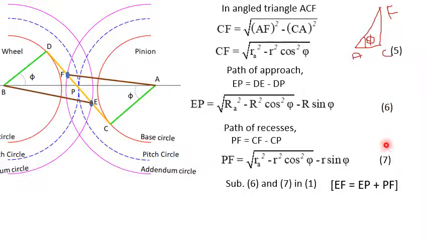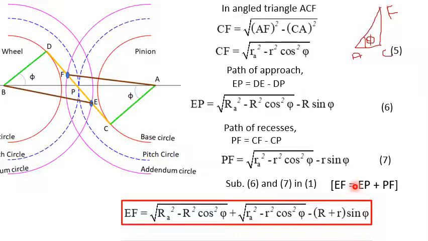Therefore we have to add these two equations to obtain the length of path of contact. Therefore length of path of contact EF is equal to root of RA square minus R square cos square phi, plus root of ra square minus r square cos square phi, minus R plus r into sin phi. So this is nothing but the length of a path of contact.